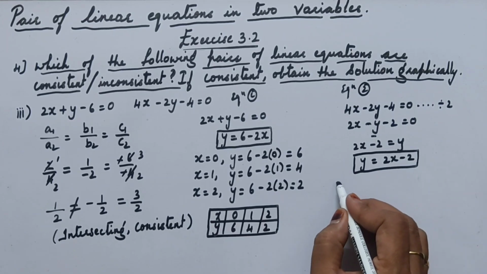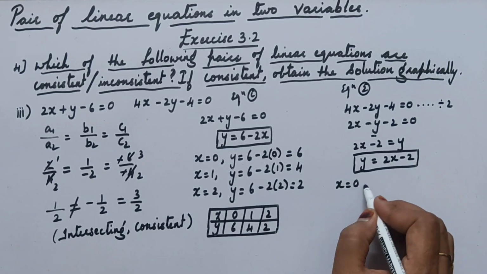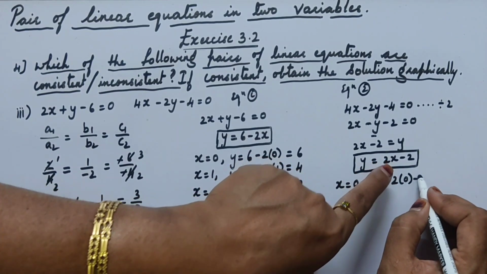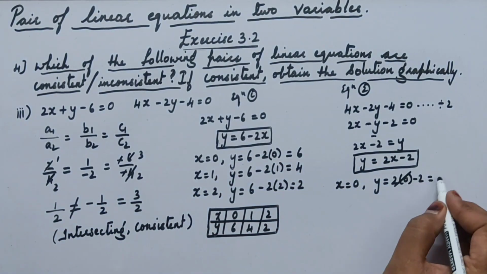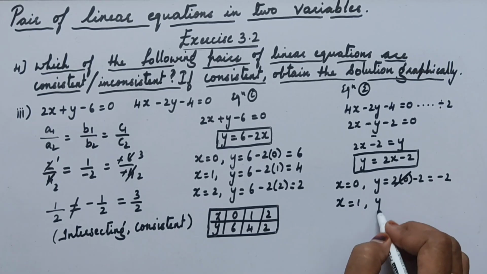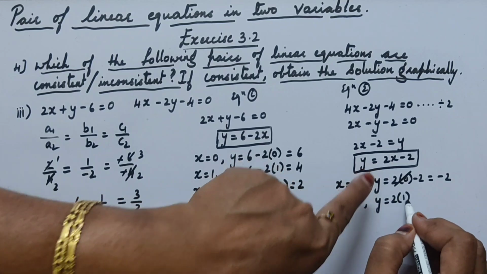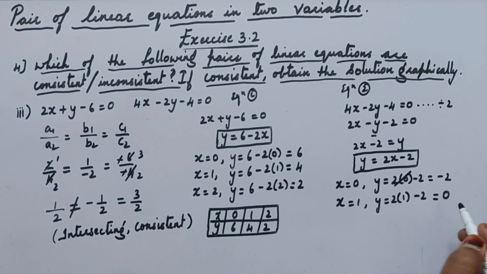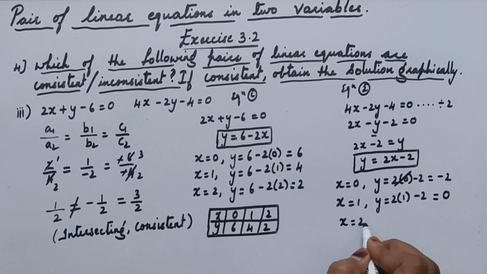Now let's start giving the values for x. X equal to 0. Y equal to 2 into 0 minus 2 equal to, the whole set will get cancelled. I am going to get minus 2. X equal to 1. Here y equal to 2 into 1 minus 2. 2 ones are 2. 2 minus 2 is 0. X equal to 2.